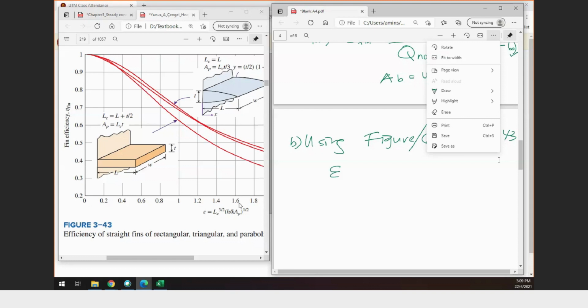So this I put differently so that you're not confused: Lc to the power of 3/2 times (h over k Ap) to the power of half.